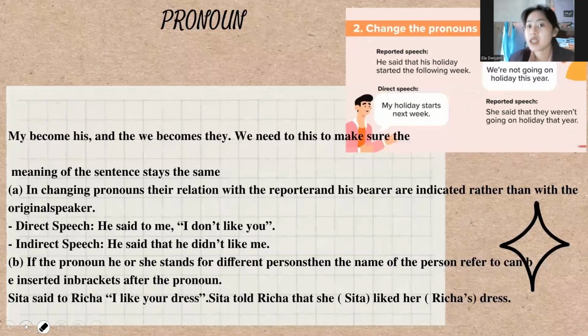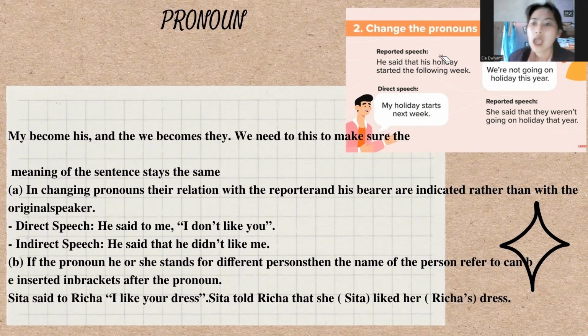Okay, pronouns. Change the pronoun. In reported speech, he said that his holidays start the following week. But in direct speech, he said my holidays start next week.